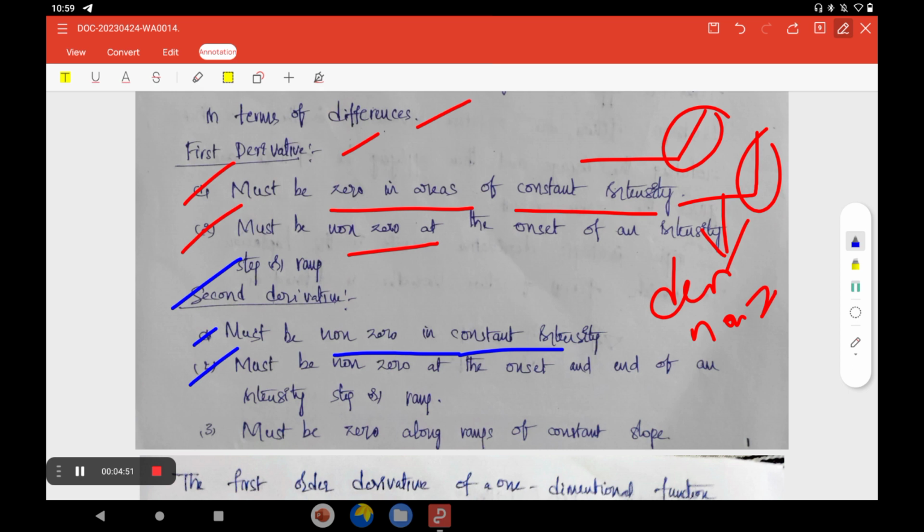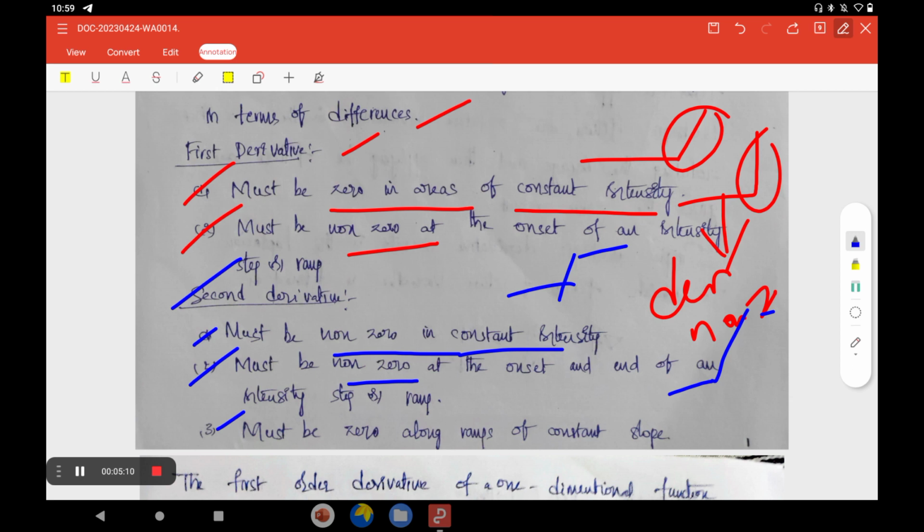So if there are any changes in the edges, maybe ramp-like structures, that value must also be non-zero. The third case is that it must be 0 along ramps of constant slope. If there are any ramp-like structures like this, that value must be 0 in case of the second derivative.